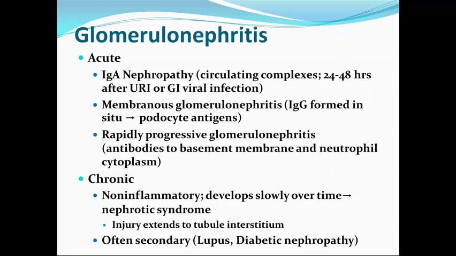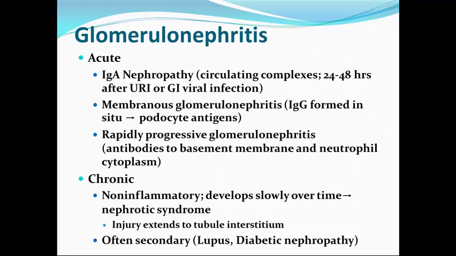The third acute glomerulonephritis, and this is the scary one, is rapidly progressive glomerulonephritis. In rapidly progressive glomerulonephritis, there are antibodies and the deposits of IgG along the basement membrane. So we have antibodies to the basement membrane as well as the neutrophil cytoplasm. These are the anti-neutrophil cytoplasmic antibody, or ANCA. You've probably heard of ANCA.